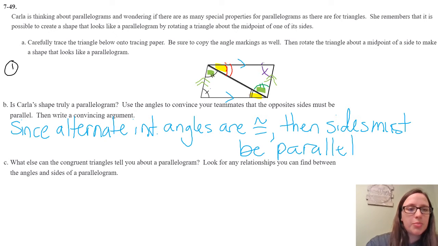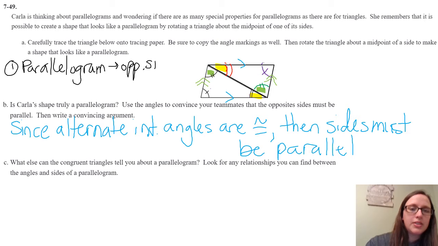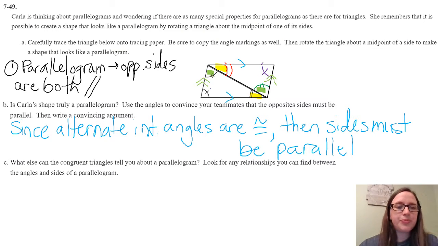That's one of our properties. Parallelogram opposite sides are both parallel.